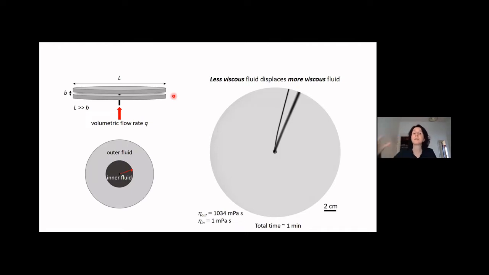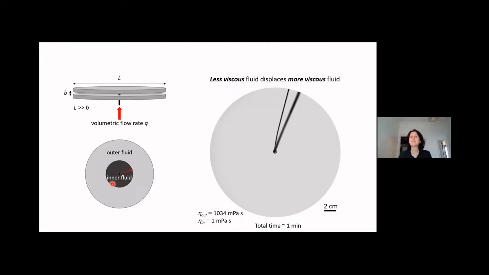We then look from the top at how an outer fluid gets displaced by a second inner fluid. This experiment really has the potential to be extremely boring, because intuition tells us that probably the inner fluid is just going to displace the outer one as a stable circular disk.